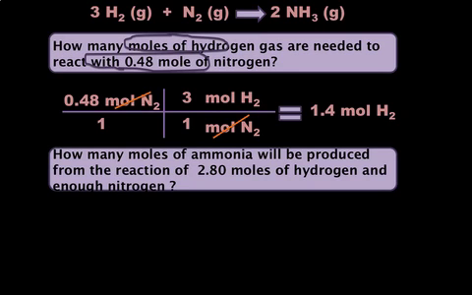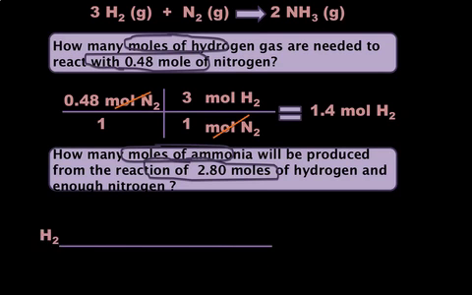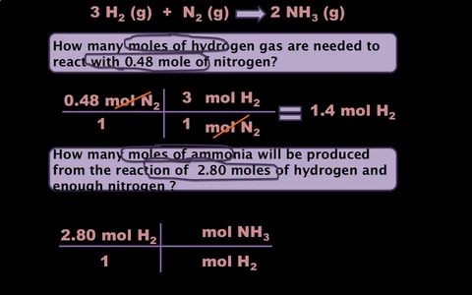If we look at how many moles of ammonia will be produced from the reaction of 2.8 moles of hydrogen and enough nitrogen, my known is 2.8 moles. My unknown is the moles of ammonia. I'm going to set up my tracks. 2.8 moles of hydrogen is my given over 1. I want moles of hydrogen on the bottom, and I'm going for moles of ammonia on top.